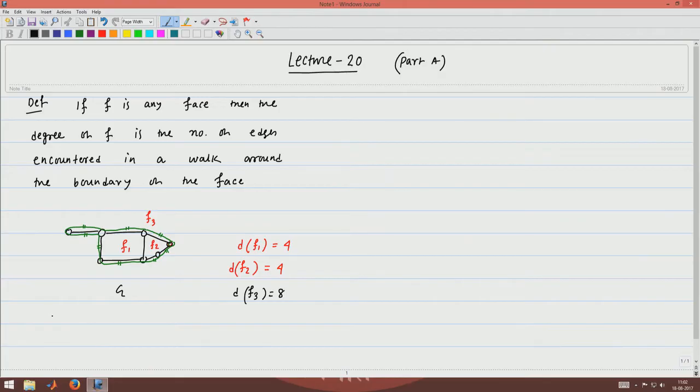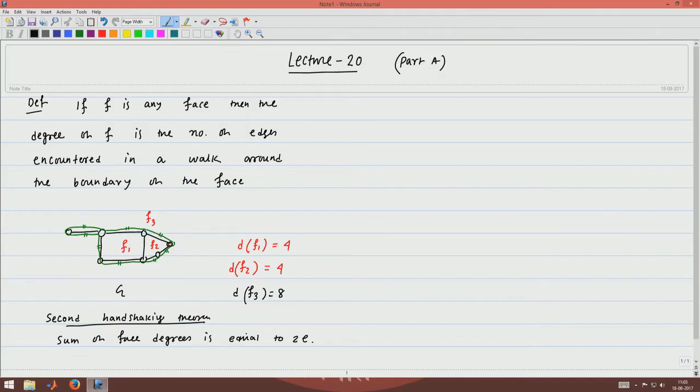Now, the second handshaking theorem says that the sum of face degrees is equal to twice E. The first handshaking theorem is that the sum of vertex degrees is equal to twice E, and here it is the sum of face degrees.